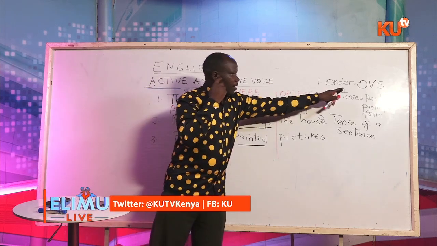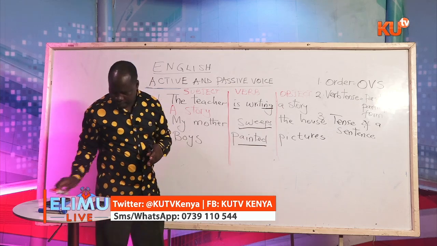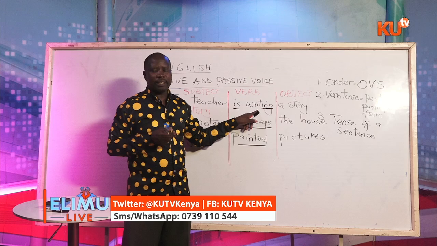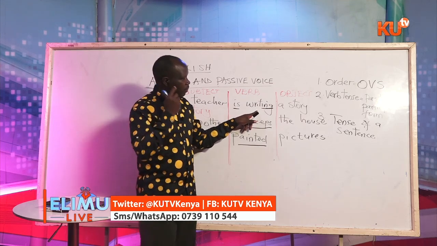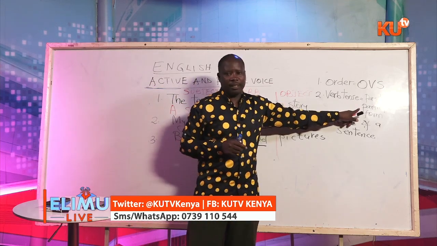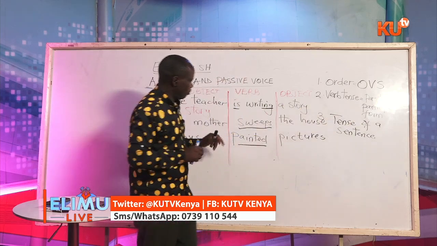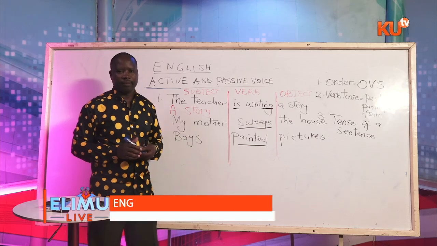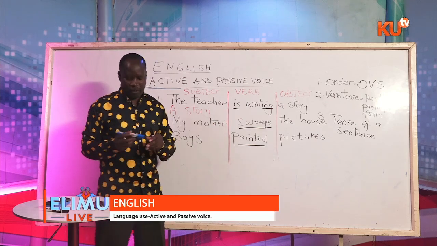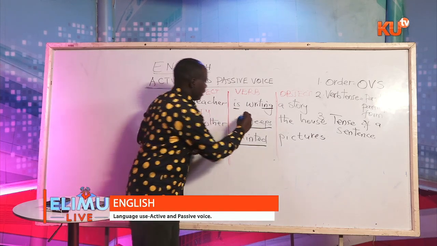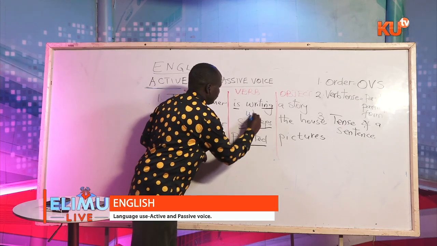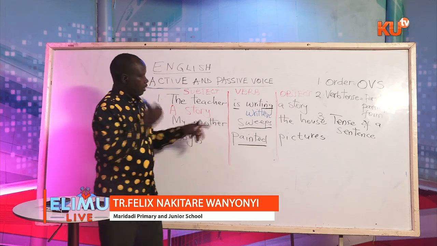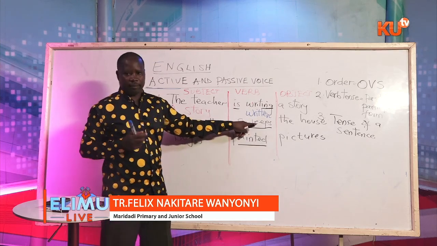Then we go to the verb. Our verb is writing. And remember, we said our verb must be written in past participle form. We all remember? What's the past participle of writing? The past participle of writing is written.